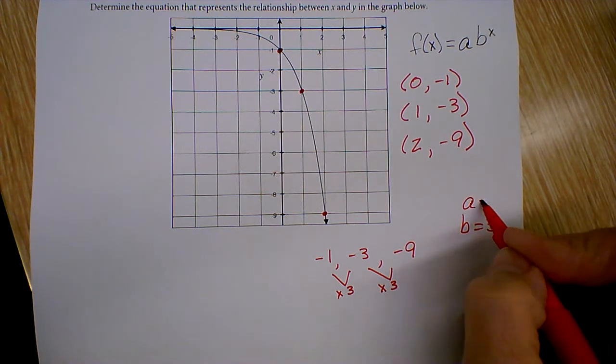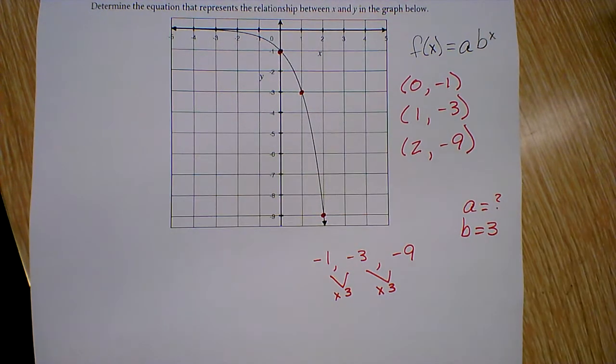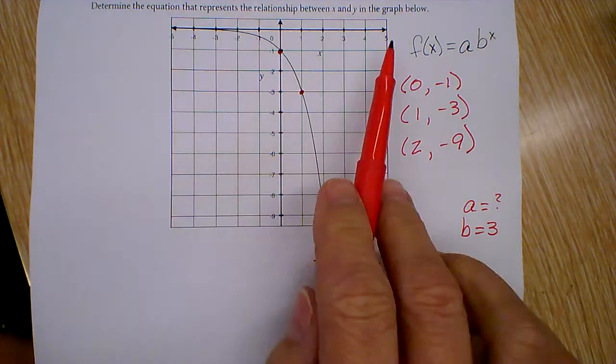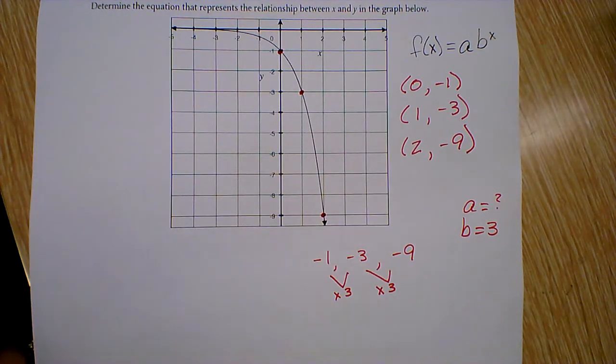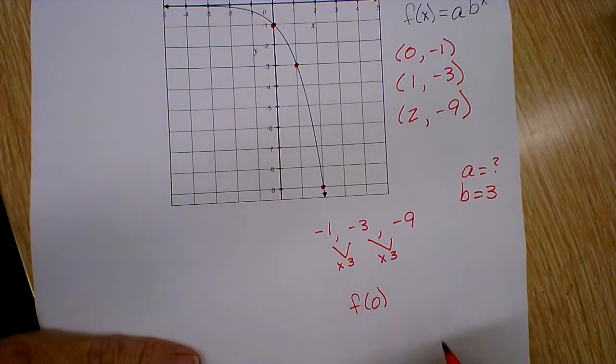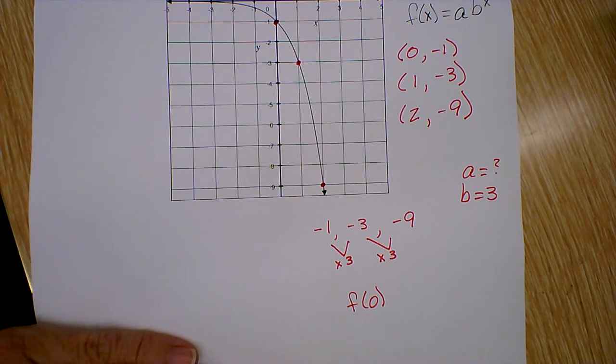So now I need to figure out what my a value, my starting value, is. When we think about a starting point, because you can see this graph extends in both directions, the x-axis is an asymptote in this case, so it's just going to keep getting closer and closer to 0 without actually crossing it or touching it. If we think in terms of where we start, we think in terms of f of 0.